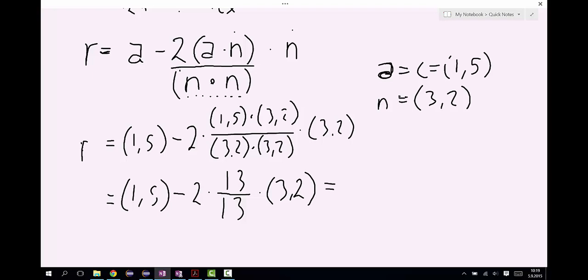So this equals 1, 5 minus, so we have 2 times 13 by 13 is just 1, so minus 6, 4, if we just multiply 2 into this set here. Alright, that gives us the vector minus 5, 1.